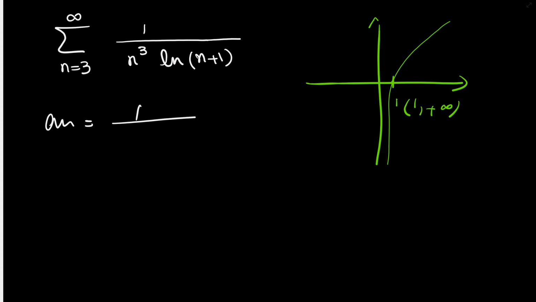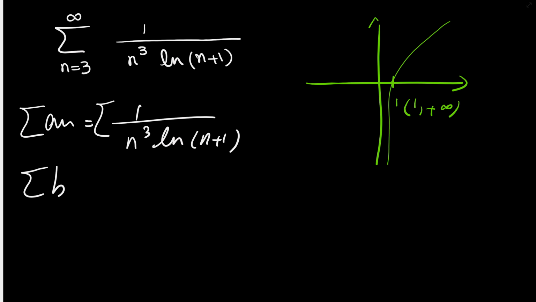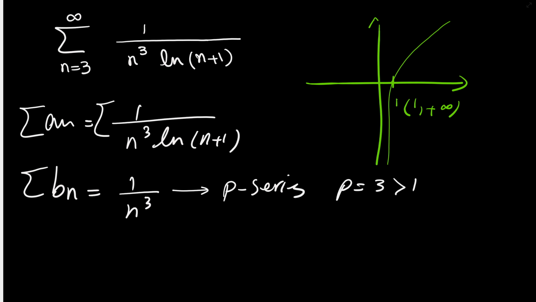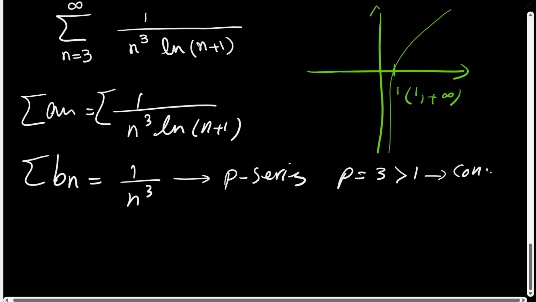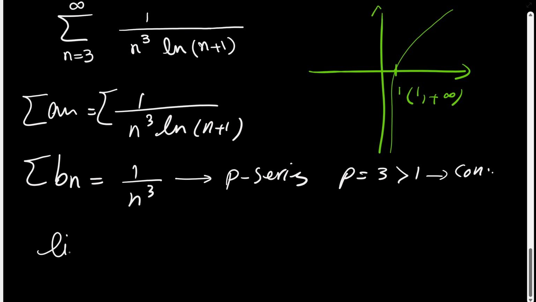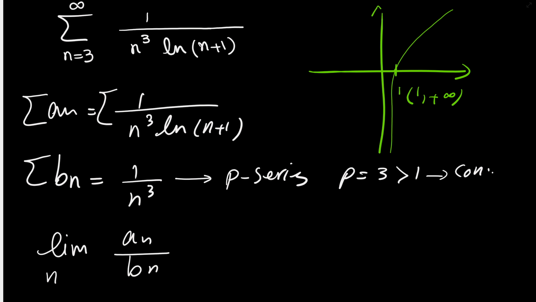One series is this one, and the other one is 1 over n to power 3. This is a p series, and p here is 3, it's greater than 1, and we know that it converges, right? Now, by the limit comparison test, we take the limit of a n divided by bn when n approaches positive infinity.